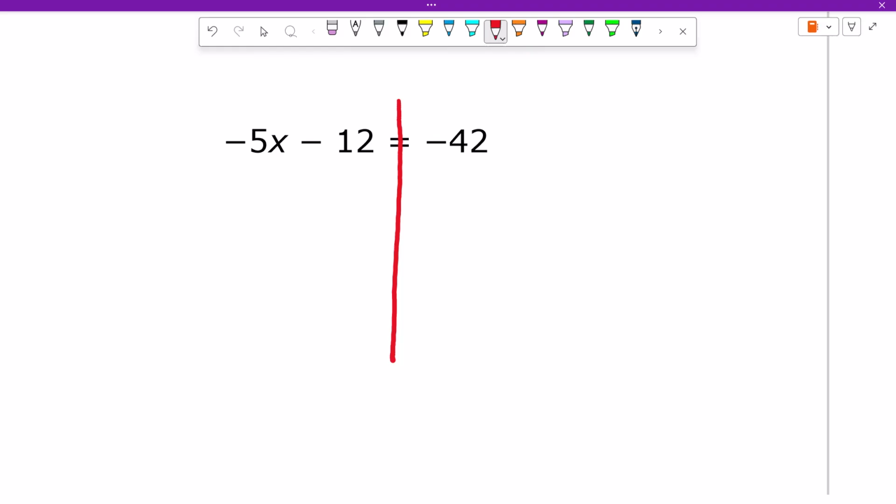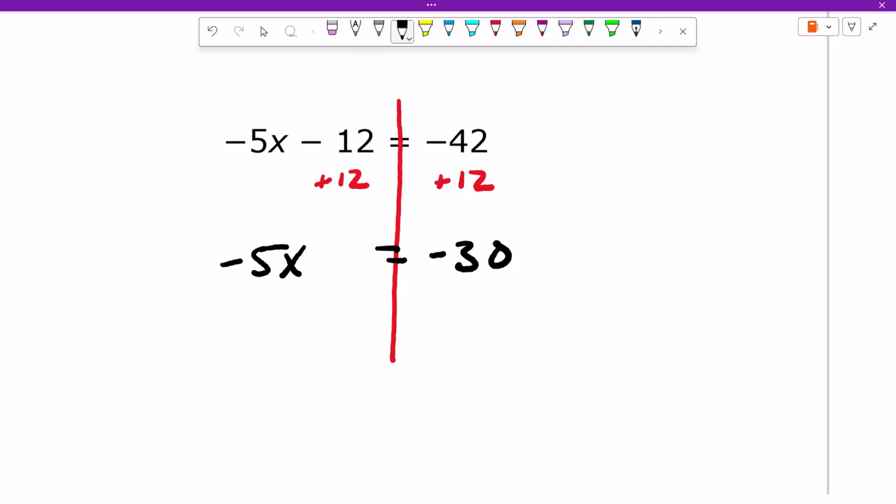What number do you get rid of first, the 5 or the 12? 12. Carson, this one's coming to you. Do you go plus 12, minus 12, divide 12? What do you do? Plus, that's right. So we add 12 to both sides. So we have a negative 5x here and a negative 30 here. Then we want to get rid of that 5, Carson.